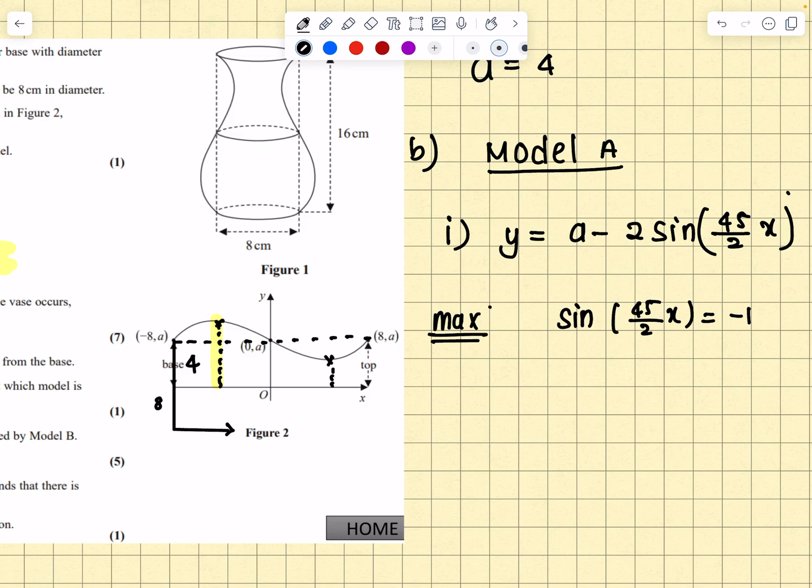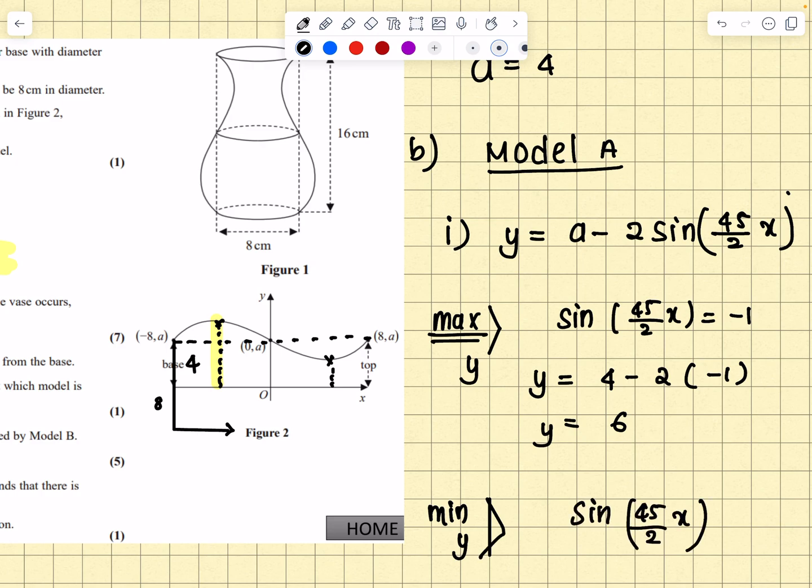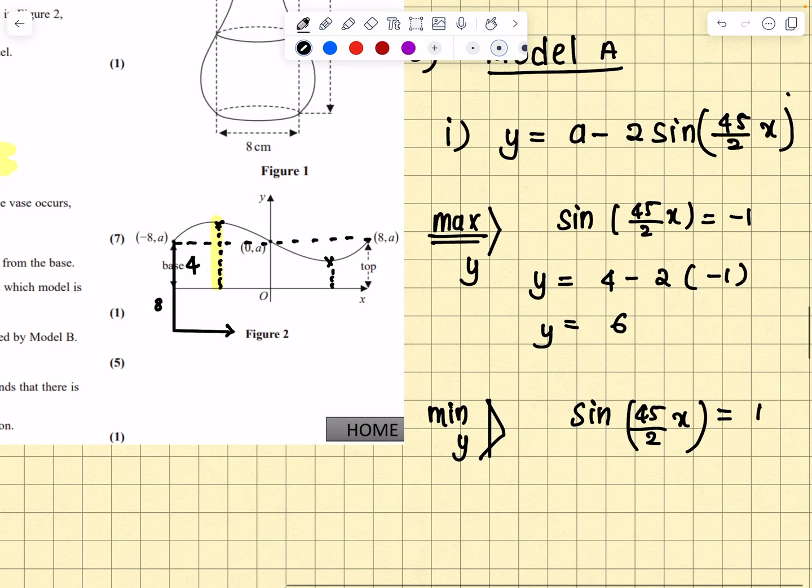So if a is 4, y equals 4 minus 2 times minus 1, that's 6. The minimum for y would occur when sine of 45 over 2 x equals 1, because it's 4 minus 2 times 1, which is 2.